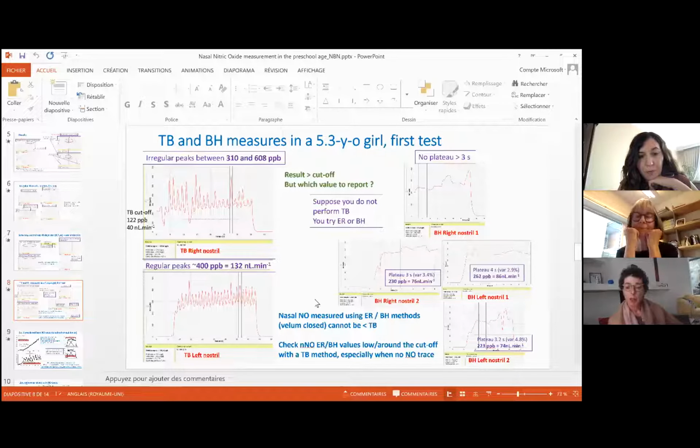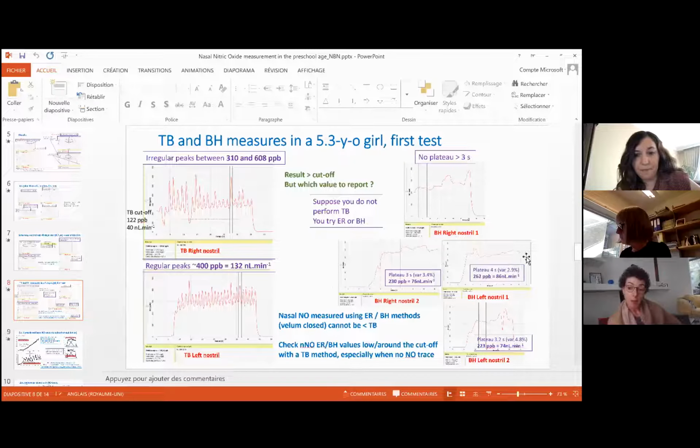So it's very helpful to perform tidal breathing in young children, even if they are able to perform a correct plateau of NO, because they might have a wrong technique and not close the velum satisfactorily, especially during breath hold, more than during expiration against resistance.